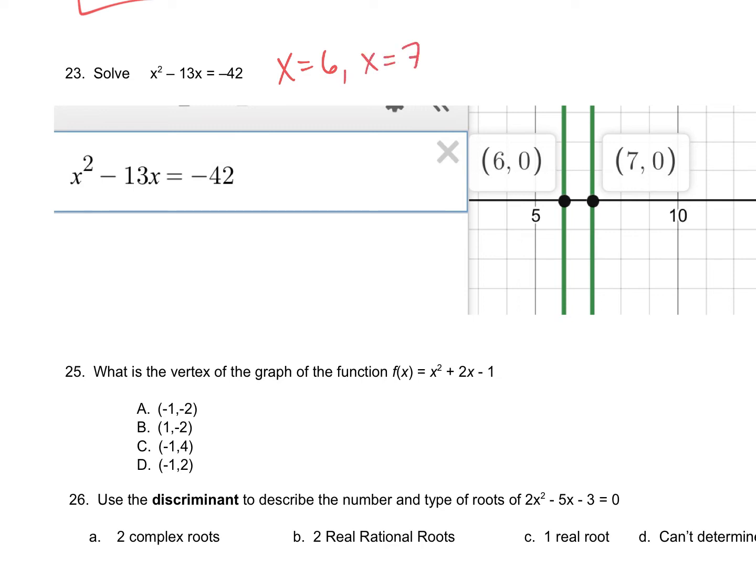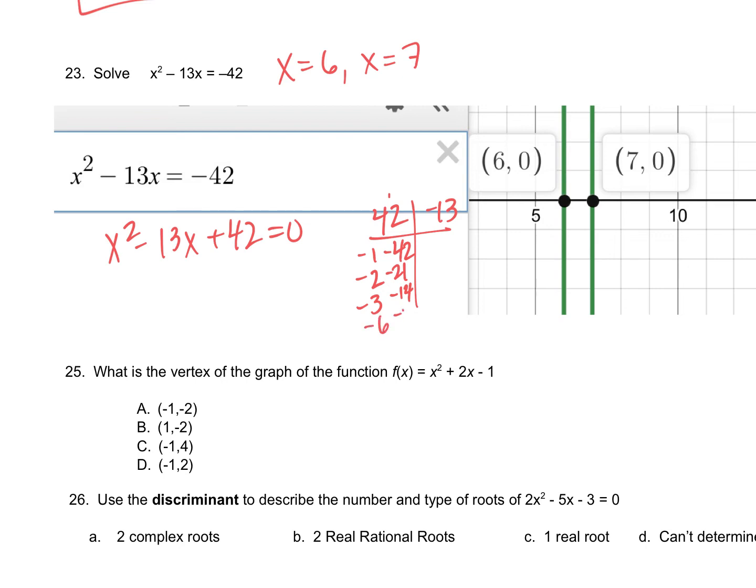You could also solve this by hand. We would have to make it equal 0, so it would be x squared minus 13x plus 42 equals 0. We would factor things that multiply to give me 42 but add up to give me negative 13, so everything's going to be negative: negative 1 and negative 42, negative 2 and negative 21, negative 3 and negative 14, 4 doesn't go, 5 doesn't go, negative 6 and negative 7, hey, there it is, negative 13.